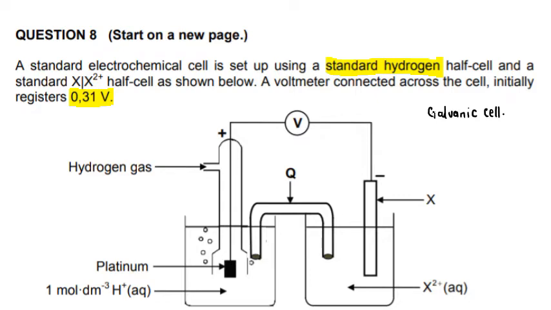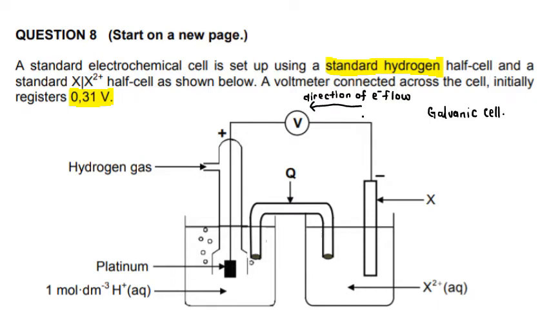Now you also need to know that if this reading on the voltmeter is positive, it indicates that the flow of electrons in this external circuit is from right to left. So this is the direction of electron flow.